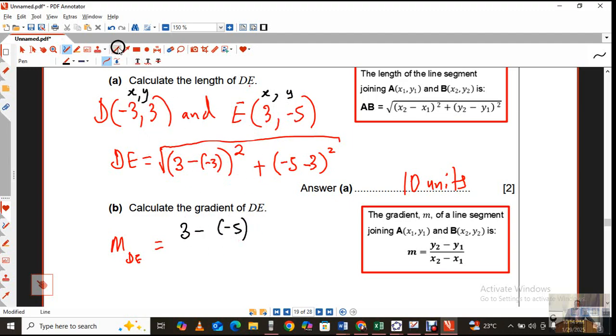All of this I'm going to put over, okay? Because I started with the Y value of D, I must take the X value of D, which is also 3. And I'm going to minus with the X value.